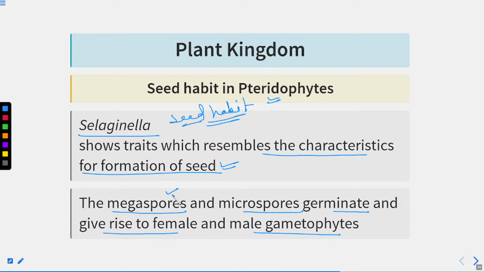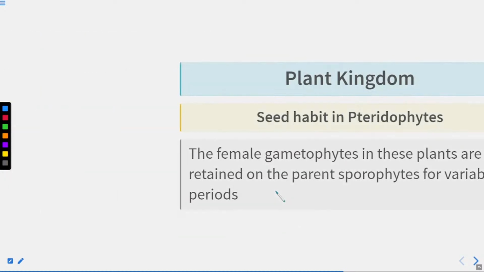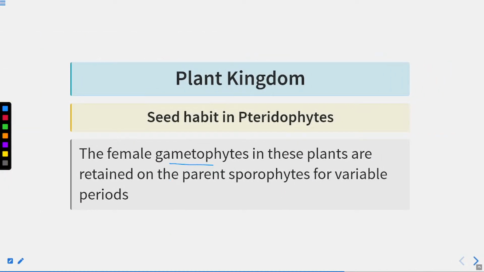The megaspore gives rise to a female gametophyte and the microspore gives rise to the male. The female gametophytes in these plants are retained on the parent sporophyte for variable periods. Like this is the female plant, and it is bearing the megaspore.